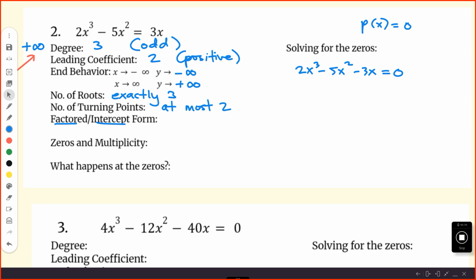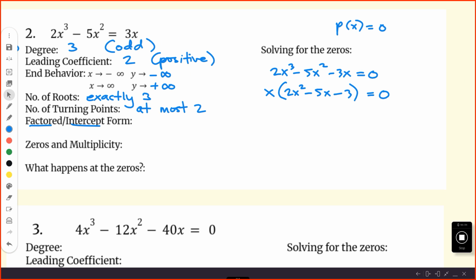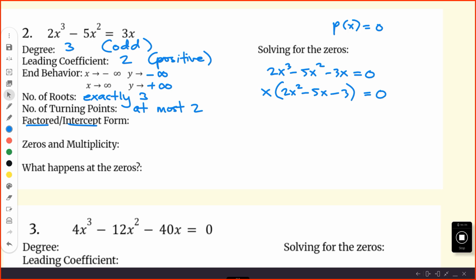So we're going to factor out the x and then divide all of these by x. So that's going to be 2x squared, and then minus 5x, and then minus 3, and then equals 0. Make sense?